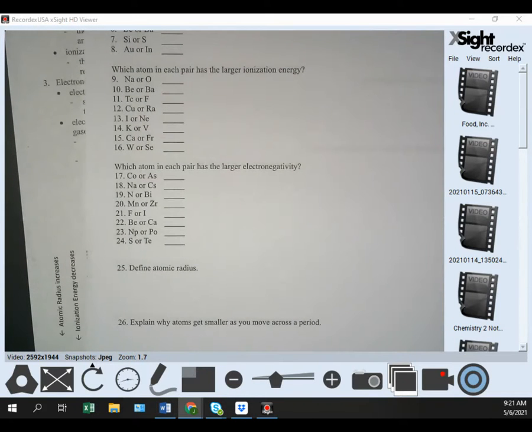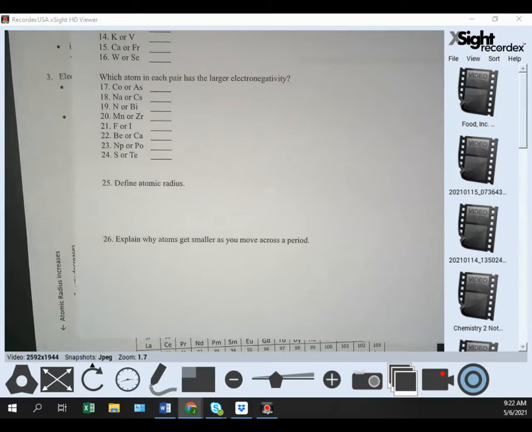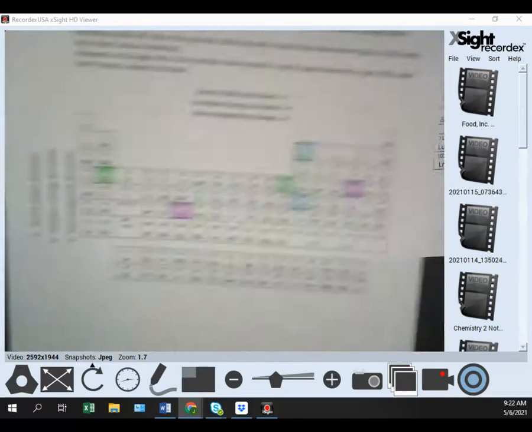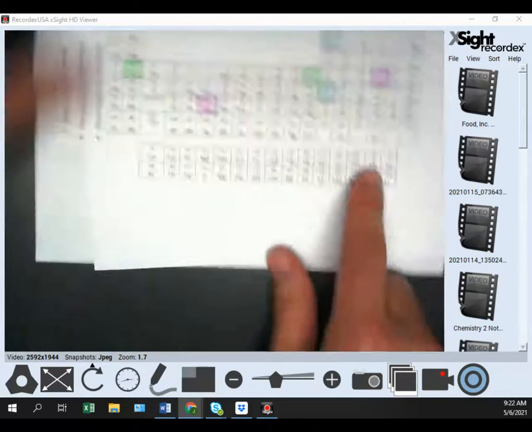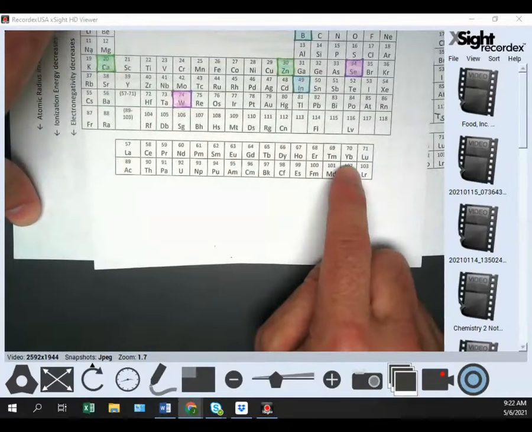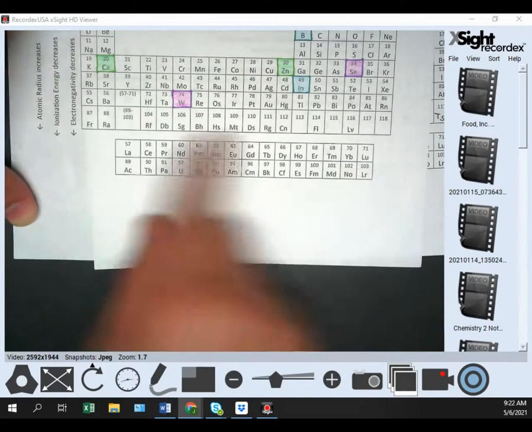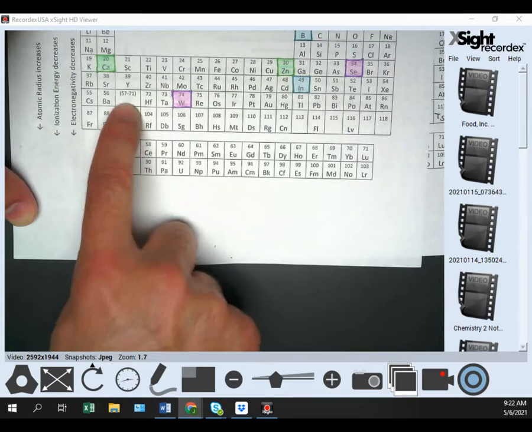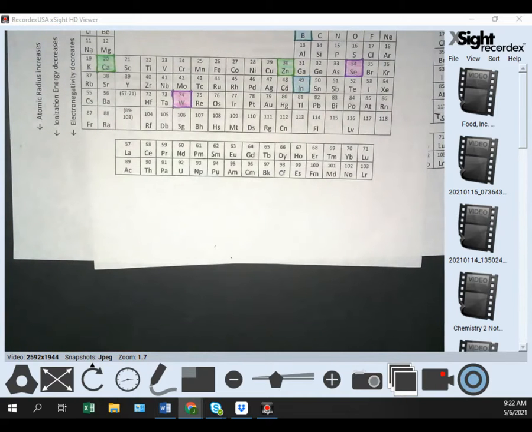Okay. Any questions? Okay. One more thing. These two rows at the bottom of the periodic table go in this spot here. The whole periodic table actually looks like this.